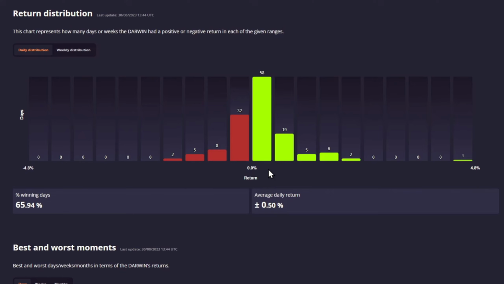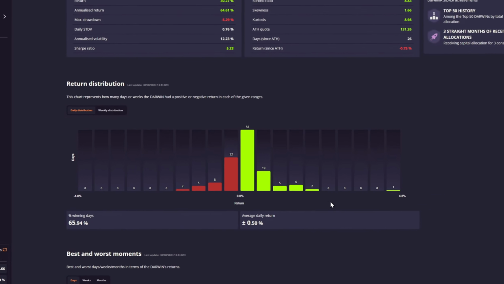Now, you'll remember from a moment ago that the skewness and kurtosis statistics were provided in the panel above. These relate to this distribution, where the skewness is a measure of symmetry, or more precisely the lack of symmetry in the distribution, while the kurtosis is a measure of whether the data is heavily tailed or light-tailed relative to a normal distribution.